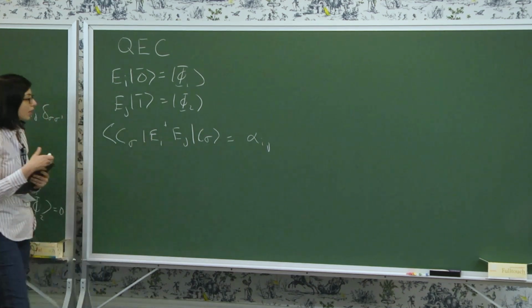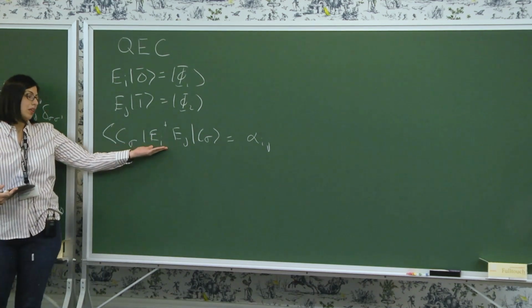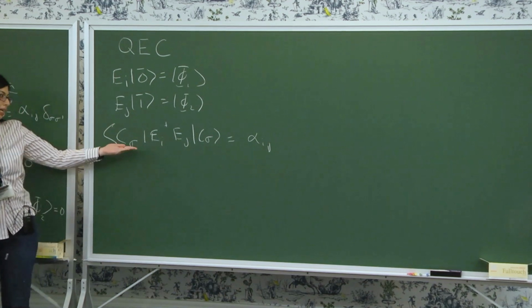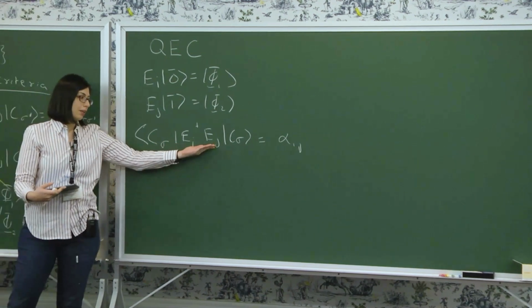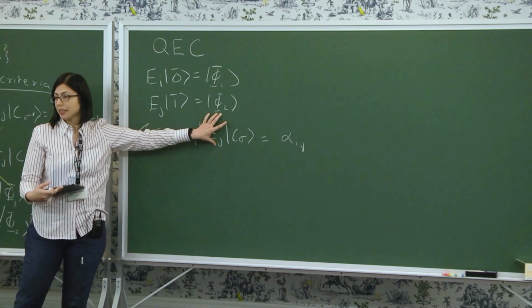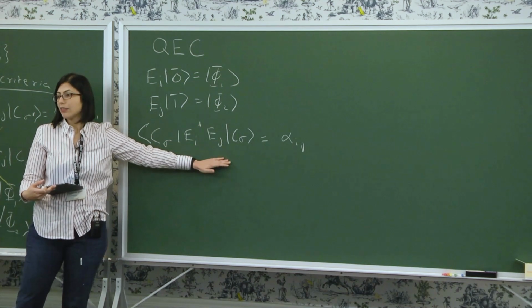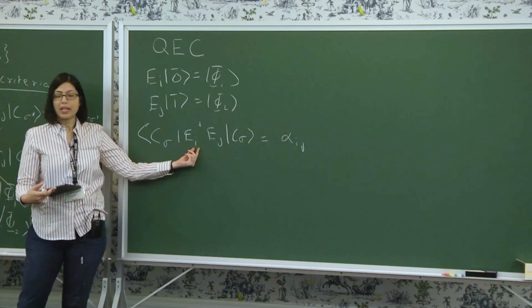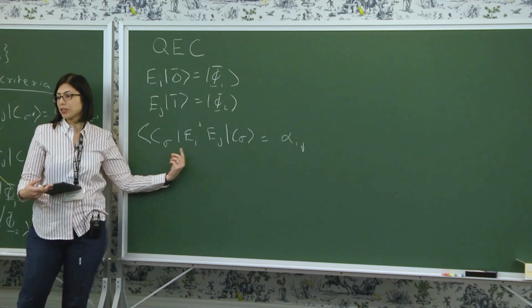Note that this condition is saying that the object on the left-hand side is independent. The value of the object on the left-hand side only depends on the errors I and J. They do not actually depend on the code words.